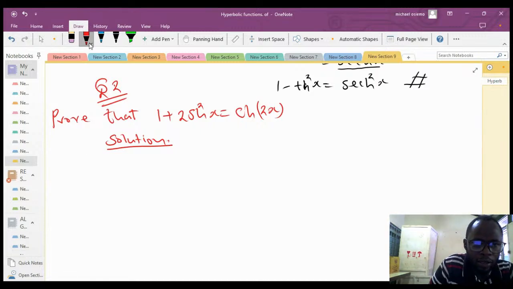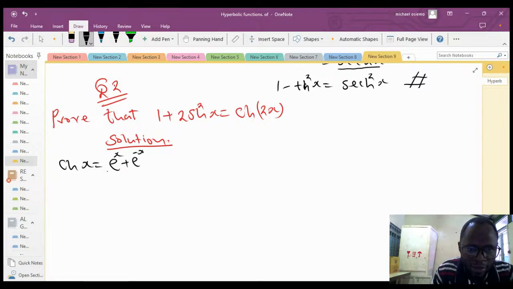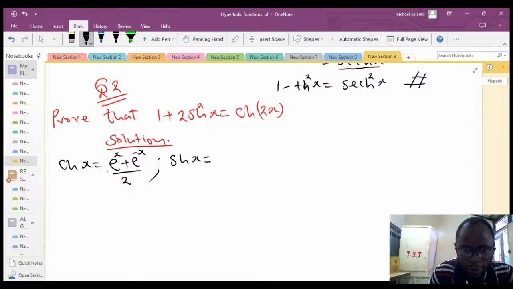In the first method, we said we replace cosh of x with its definition. The definition was cosh of x equals exponential x plus exponential negative x over 2, and sinh of x is equal to exponential x minus exponential negative x over 2.